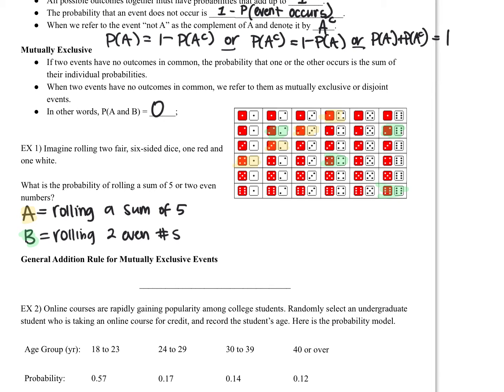It can also be any combination of those, so a 2 and a 4, and a 2 and a 6, and then the reds and the whites.